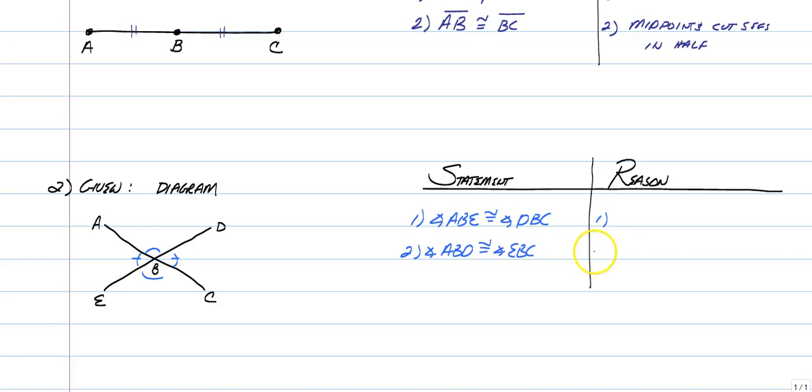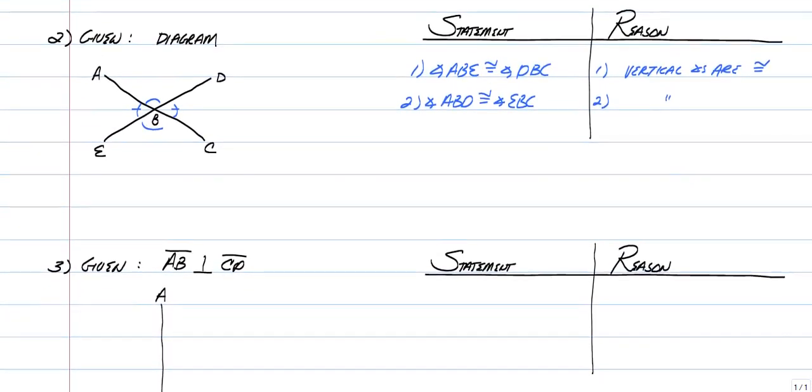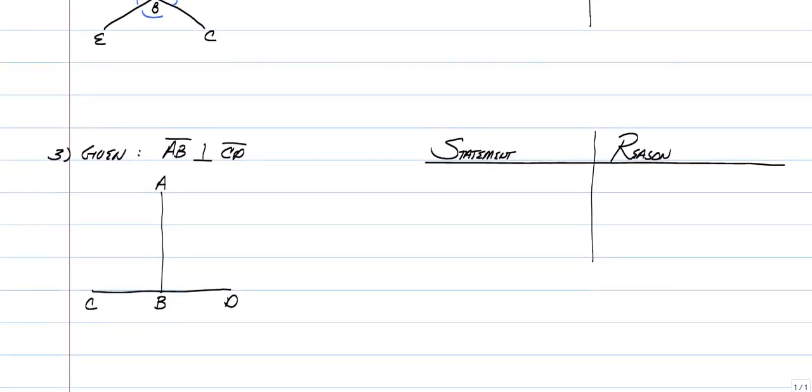And the reason for both of those is simply going to be vertical angles are congruent. We would write that exact same thing on the second reason as well. Whenever you see vertical angles, it does not have to be given to you. That's just something we know is always true.